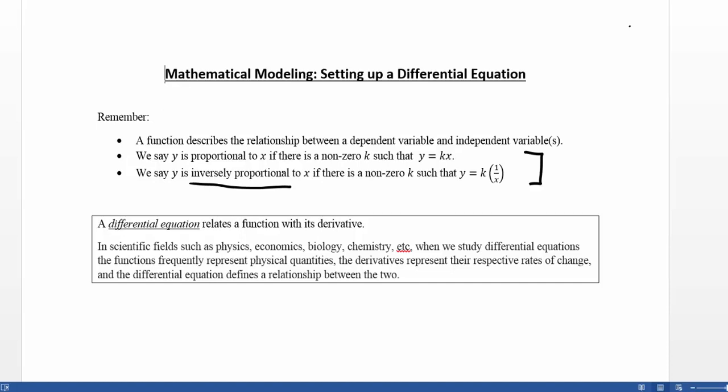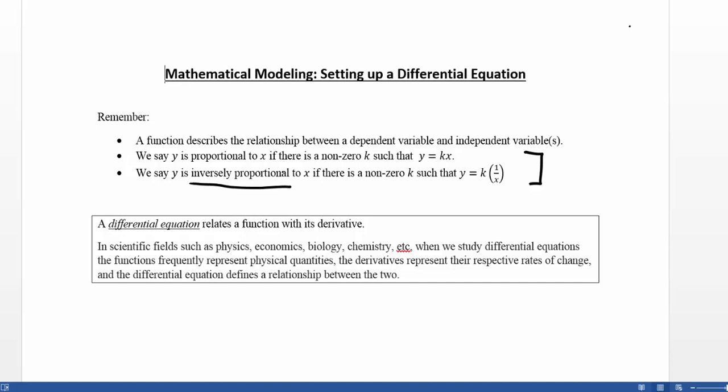So for example, let's say that y represents the total amount of time it takes you to drive from your house to an amusement park, and x is your speed that you are driving in your car. As your speed increases, the total time it takes you to drive is going to decrease. These are inversely proportional because as one goes up, the other goes down. So these words proportional and inversely proportional imply that we have this constant k, and that we are multiplying this k towards the thing we're describing when talking about this relationship.